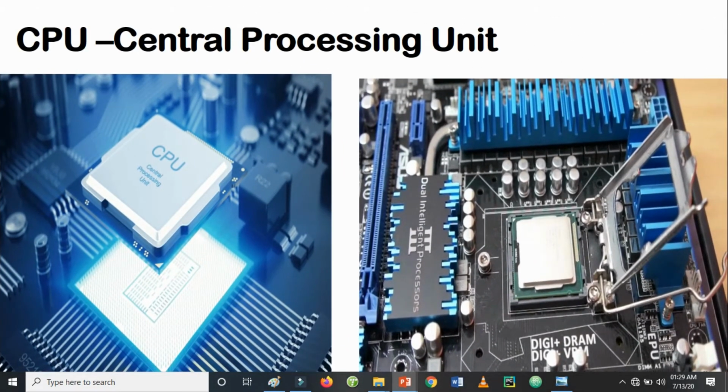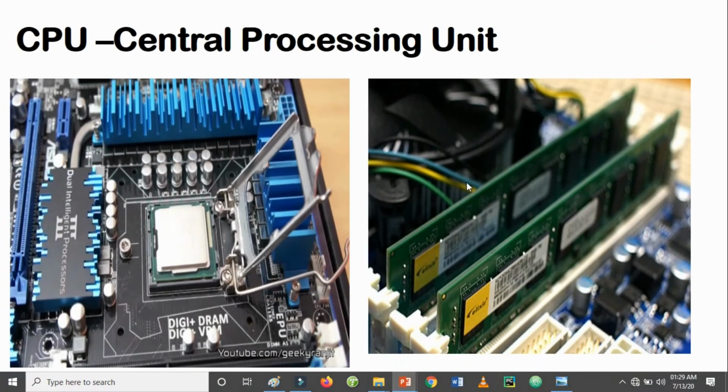And then, as I said, we're going to talk about the CPU a lot. The CPU has this processing chip, and then the motherboard, and this is a part of the motherboard where we can see RAM. I know you guys already heard about RAM, so we're going to talk about RAM a little bit more.